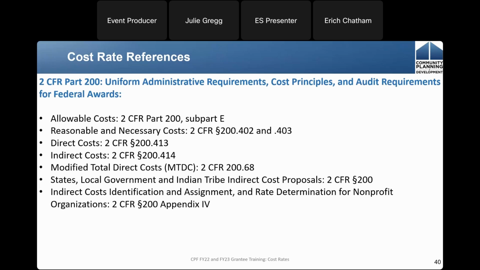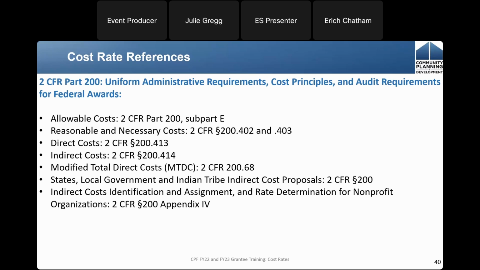Just a reminder, and I encourage you all to go back and read through these sections of 2 CFR 200. But here are the cost rate references. Again, allowable costs are covered in 200 subpart E, reasonable and necessary, direct or indirect, and then if you're using the indirect, the modified total direct cost is utilized to establish the basis for your de minimis rate.